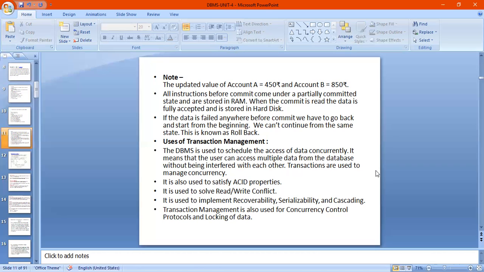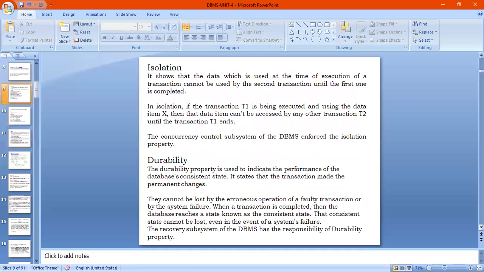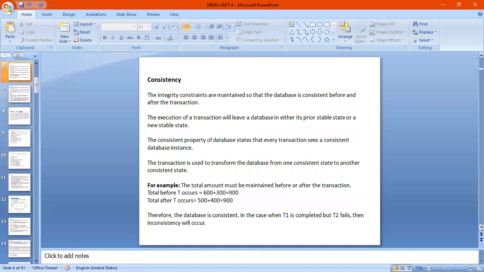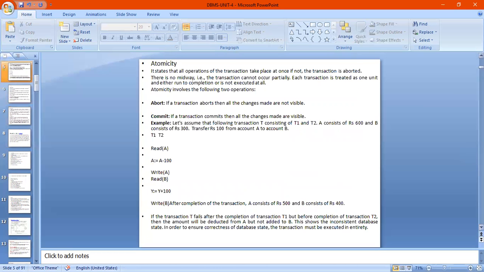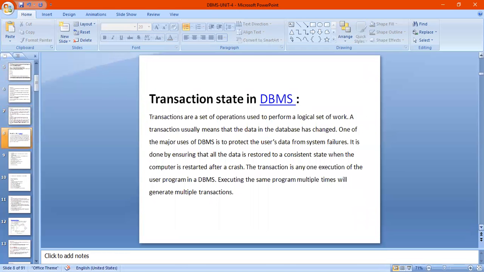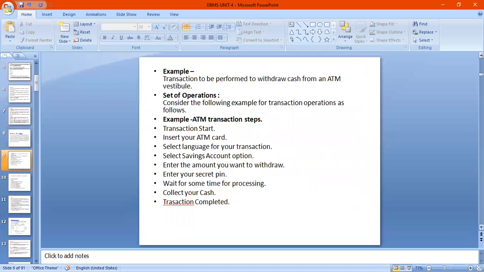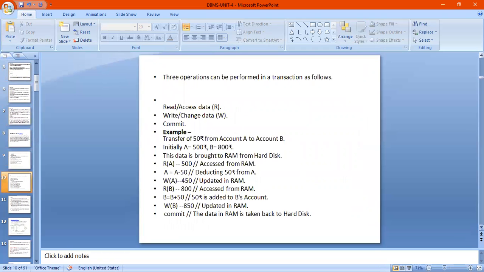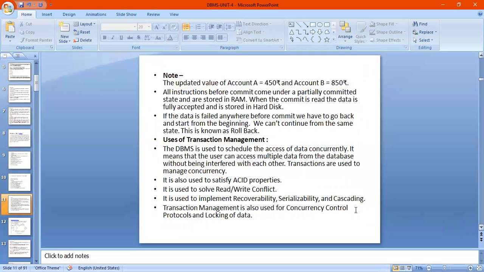It is also used to satisfy the ACID properties, as we have seen: A for atomicity, C for consistency, I for isolation and D for durability, as we have explained in the earlier slides.